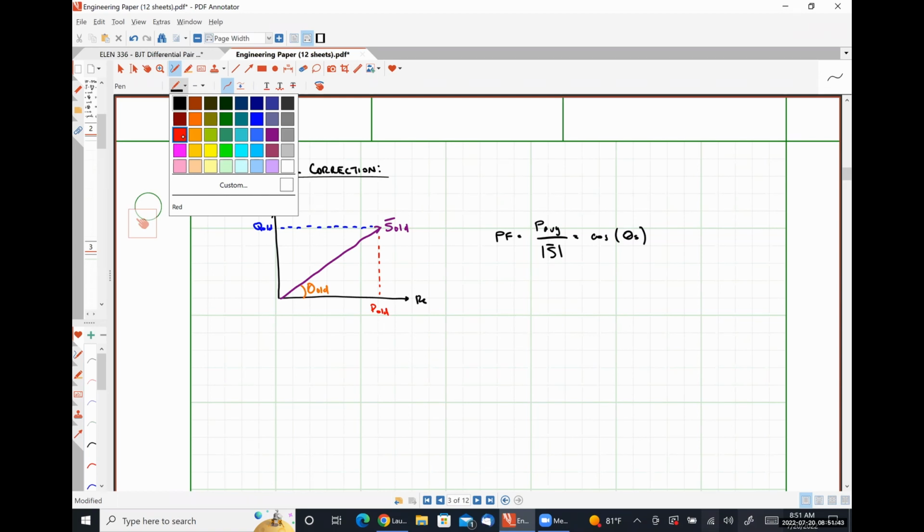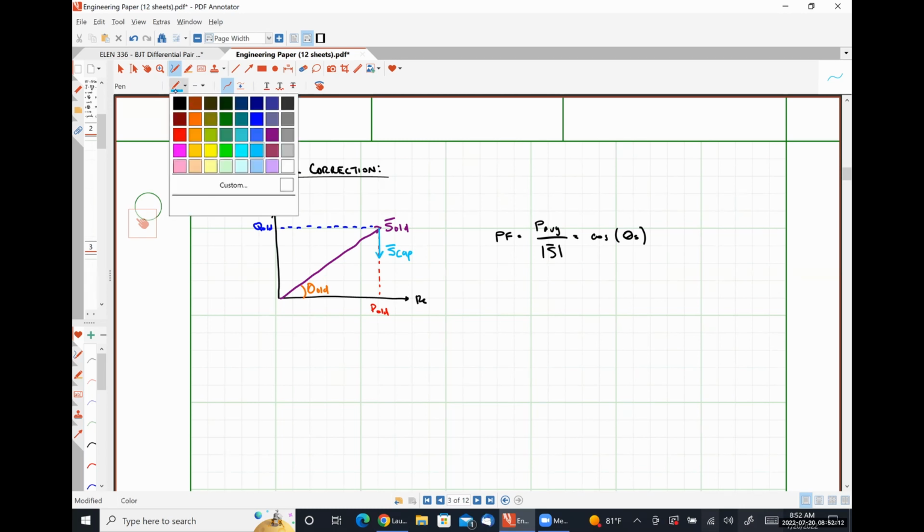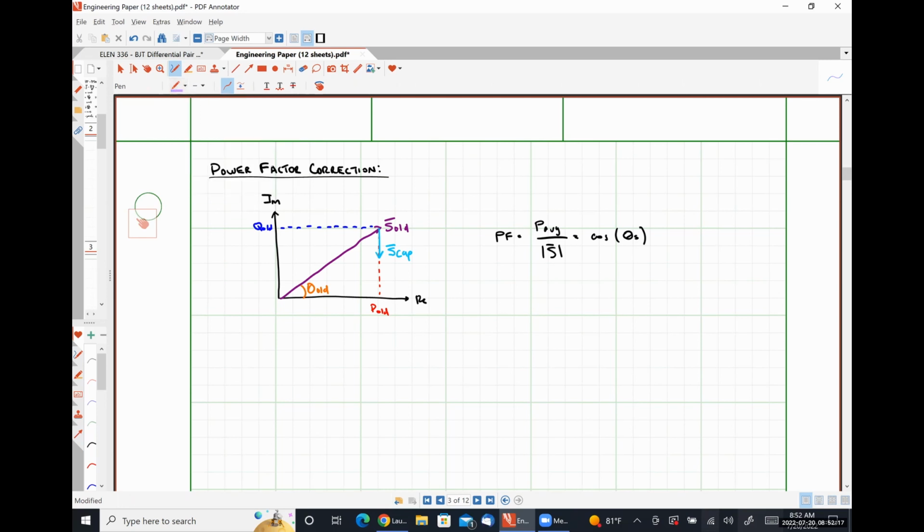So effectively, if we have a capacitor supplying some amount of reactive power, so the direction on this is straight down, indicating we are absorbing negative reactive power or supplying positive reactive power, then our corrected complex power would look something like this.